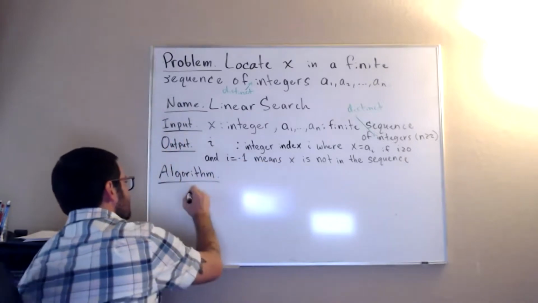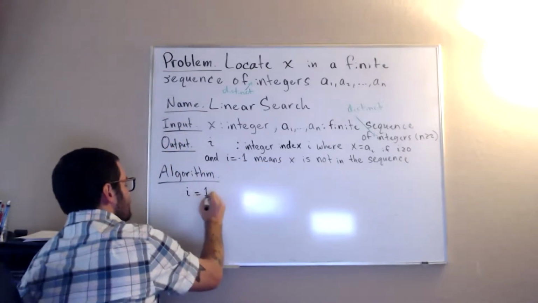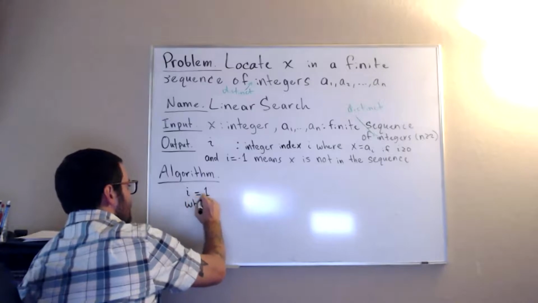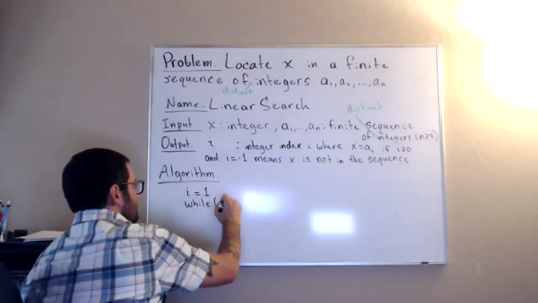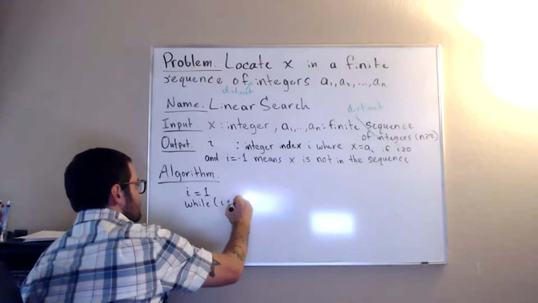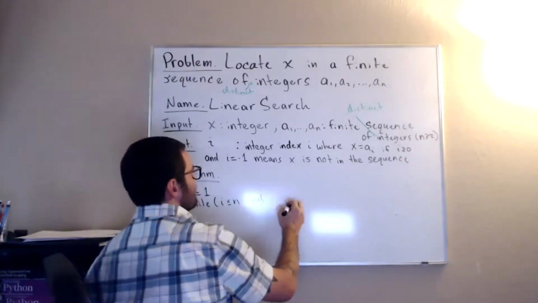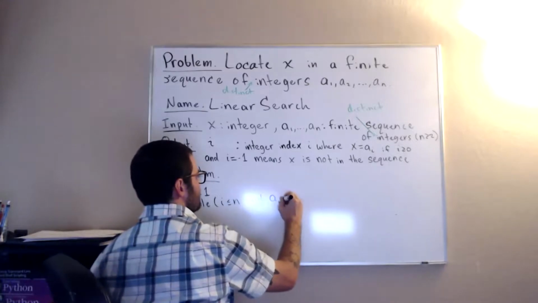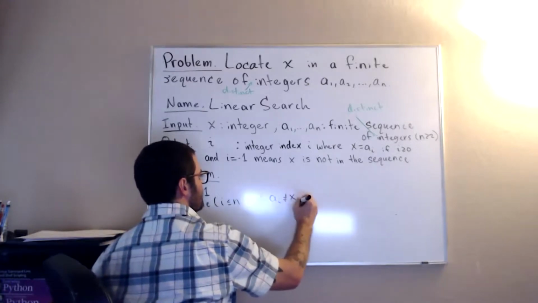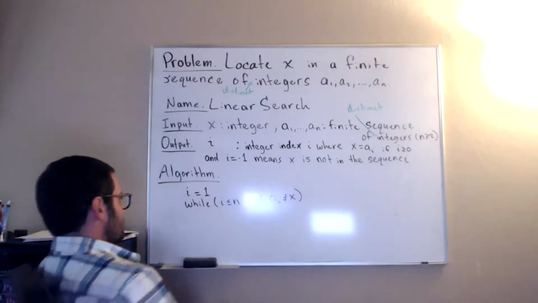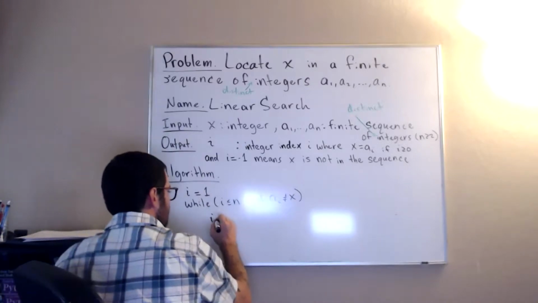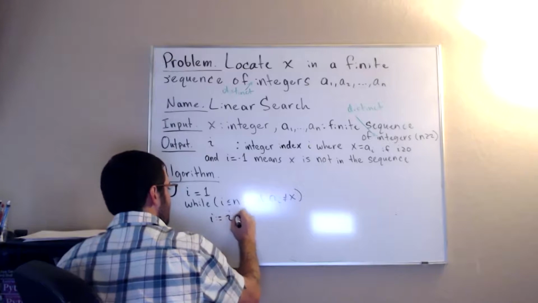So we'll start with I equals 1 and then say while I is less than or equal to n, and a sub I is not equal to x, I equals I plus 1.